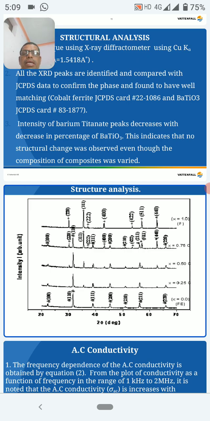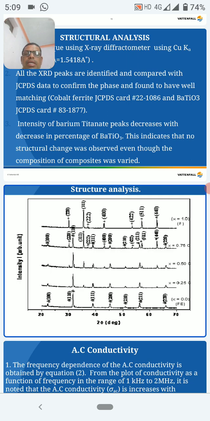These are the Miller indices such as 220, 222, 400. This Miller index shows that the ferrite phase is spinel in structure, while 110, 311 and 111 are the Miller indices of the barium titanate phase, which indicate that the barium titanate is tetragonal in structure.